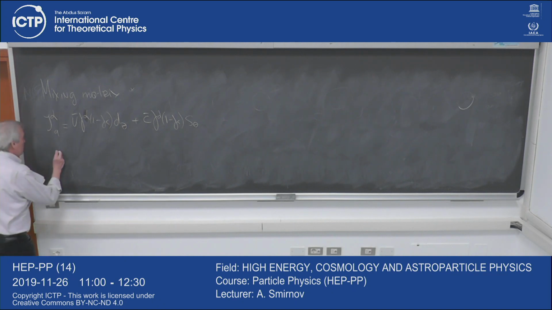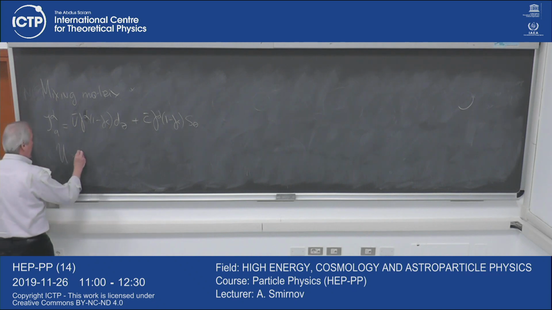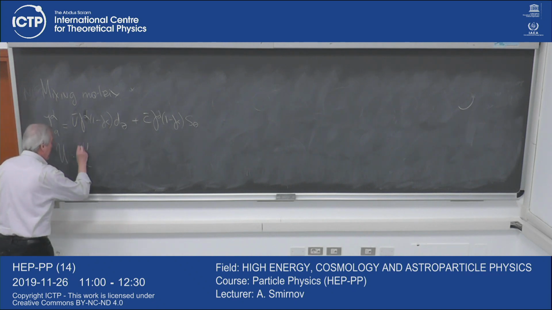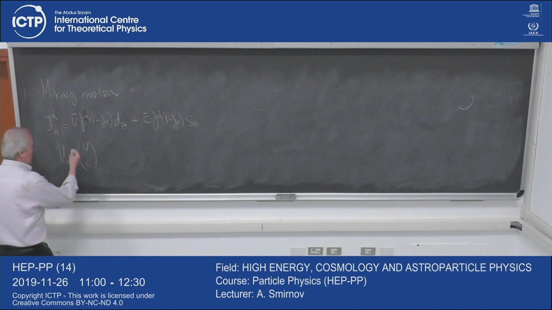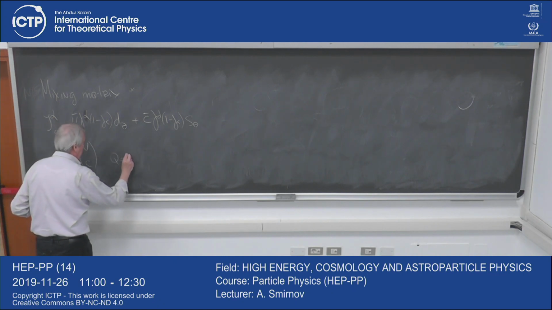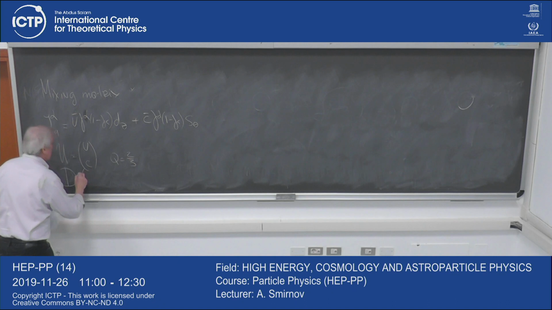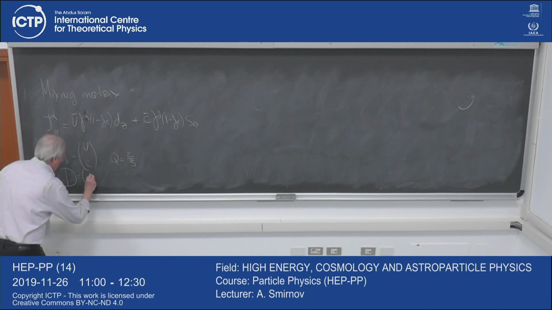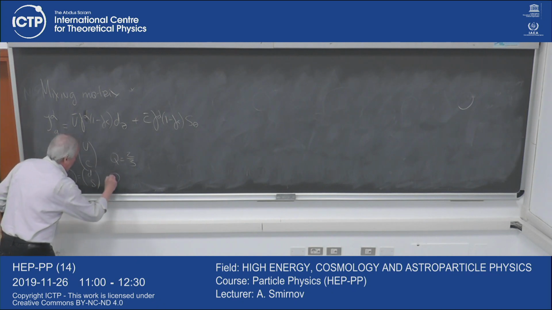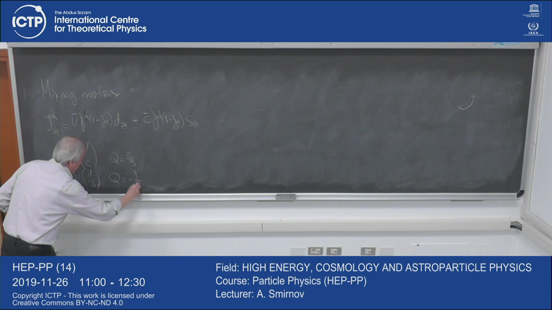So let us introduce a column with up quarks, u and c. These are quarks with electric charge 2/3, and a column with down quarks, d and s, where the charge is minus 1/3.